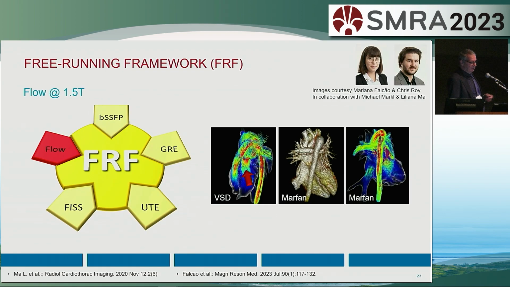Finally, another nice collaboration with people here in the room, with Michael Markle. Michael Markle sent 2 of his students our way, luckily, who then combined their 4D flow ideas with our free-running ideas, and so 5D flow was born as a result. And the interesting aspect of this is, while 4D flow is very powerful, of course, it requires navigator technology, which on the one hand needs experience to set it up, and on the other hand adds inefficiency because of the respiratory pattern.